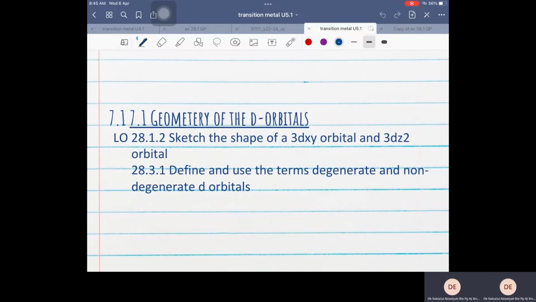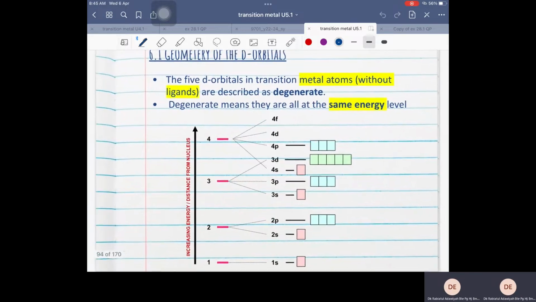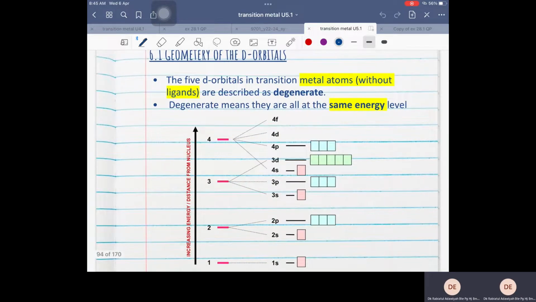Define and use the terms degenerate and non-degenerate orbitals. Before I explain degenerate and non-degenerate, I would like to show you how the orbitals are arranged based on their energy level.